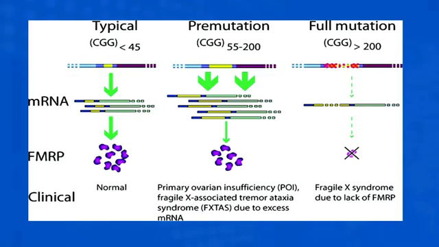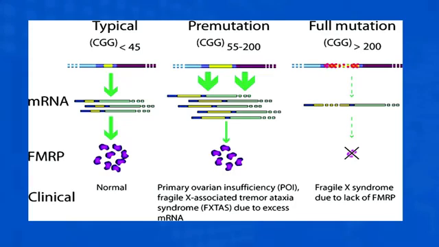In normal conditions, the number of repeats of CGG is from 5 to about 30 times. The mutated gene will show repeats of CGG more than 200 times, and this will completely turn off the function of the gene.